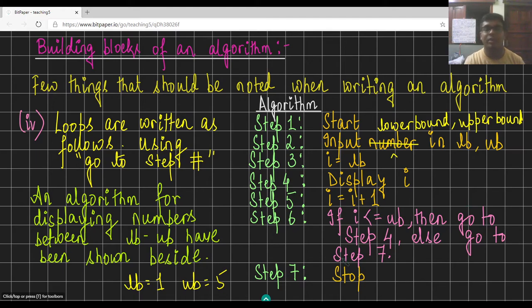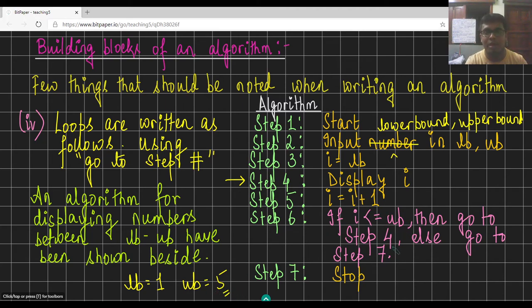All right. Now, in the 6th step, we check whether the value of I is less than or equal to the upper bound, meaning whether the value of I has crossed the limit or not. If it hasn't, we go to step 4, that is this step, and all of these repeats until I is no longer less than or equal to UB.